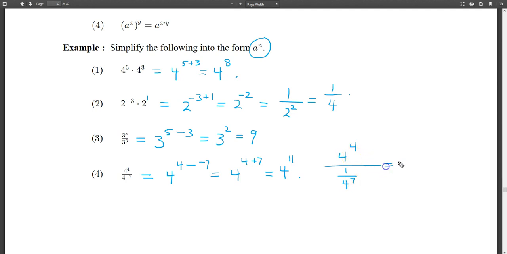So this is the same as 4 to the 4th times 4 to the 7th over 1, and that's 4 to the 4th times 4 to the 7th. And so you see, that's why we actually add these exponents. Same as over here. This would be 4 to the 11th.